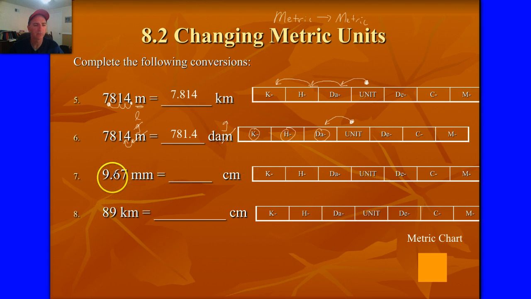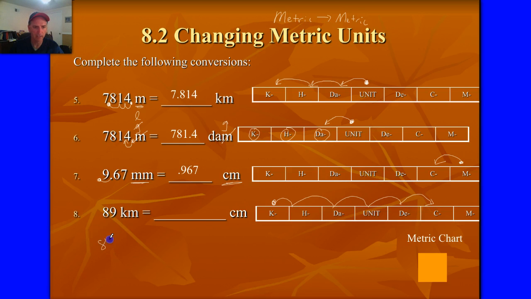All right, let's do a couple more here. Millimeters to centimeters. We're starting at milli and going to centi, so move it right there, put the decimal point, and voila, you've got the answer. And if we're going kilometers to centimeters, you're starting here and going 1, 2, 3, 4, 5 places that way.